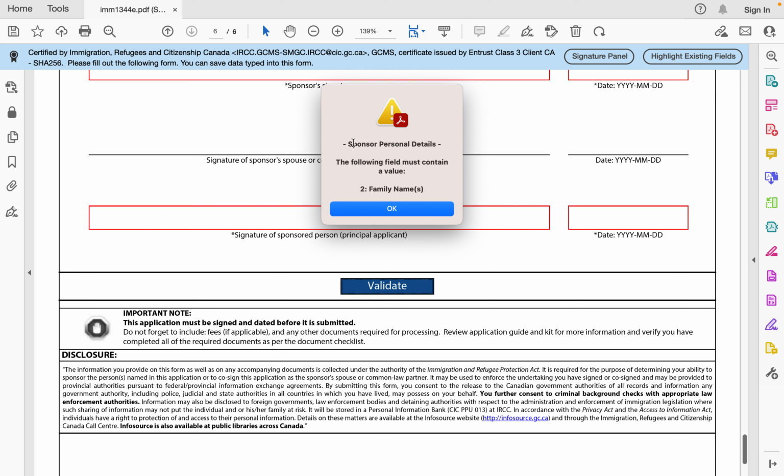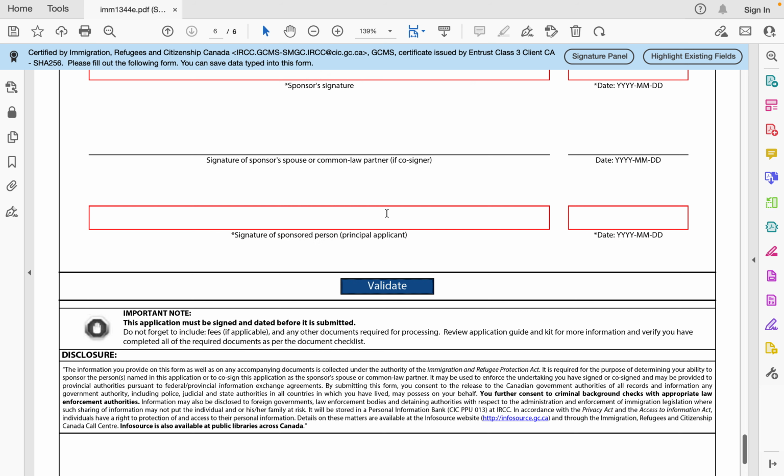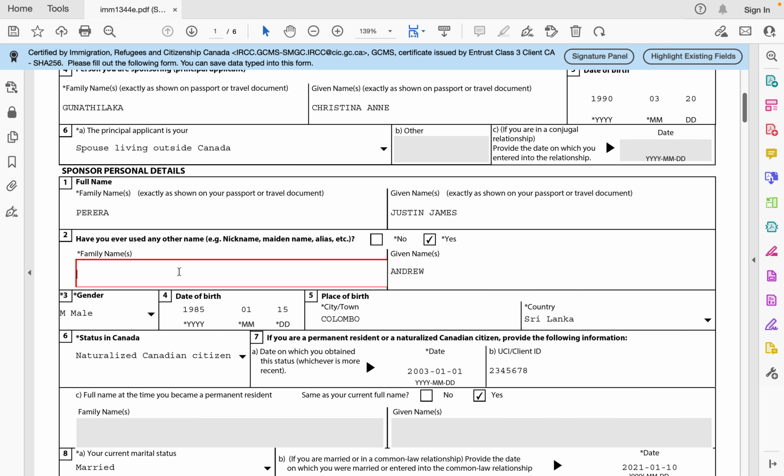It's now throwing an error saying sponsor person details, the following field must contain a value: the family name. Let's go and see that. It is taking me here where it asks, have you ever used any other name? Since the other name was not related to any surname, we can say not applicable.